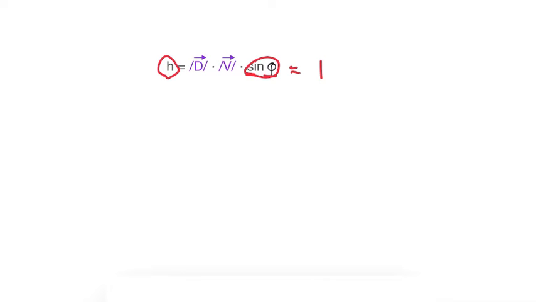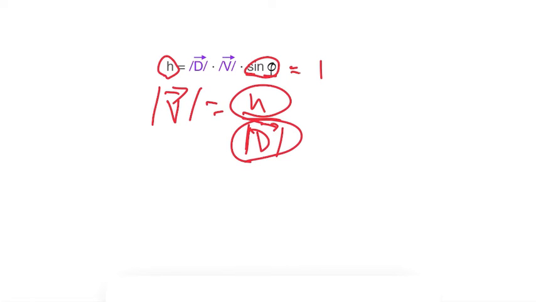So we're left with v equals h over the absolute value of d, and this is constant, so the absolute value of the velocity is also a constant for a circular orbit.